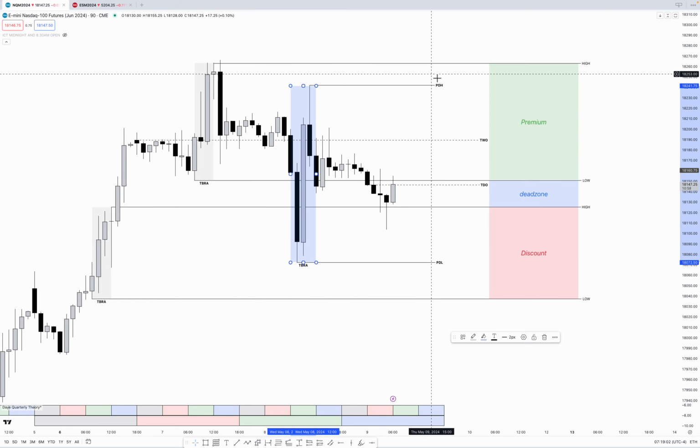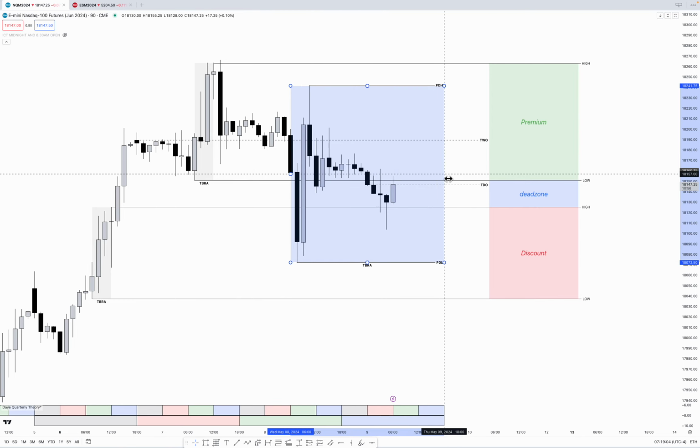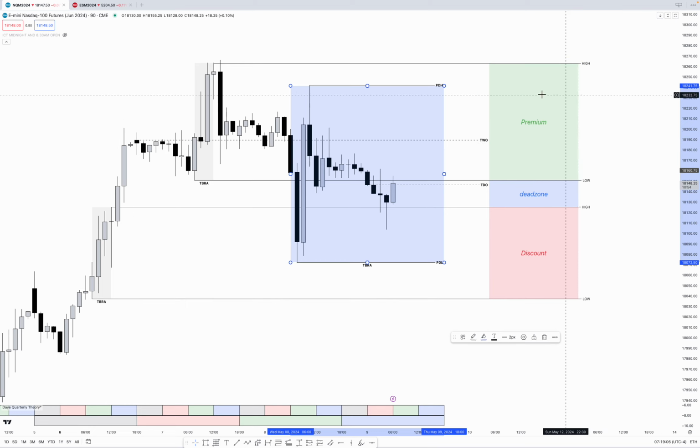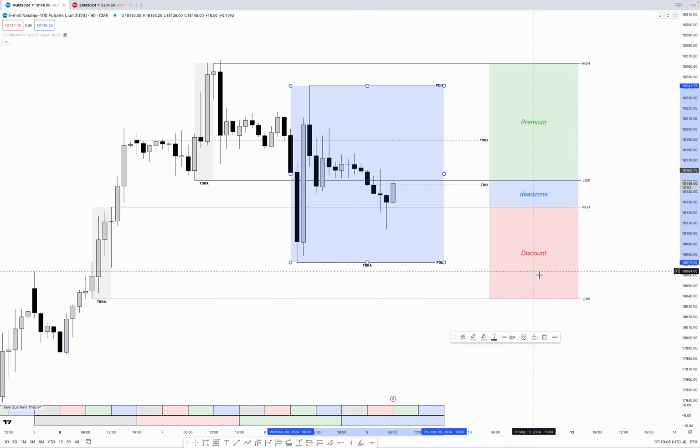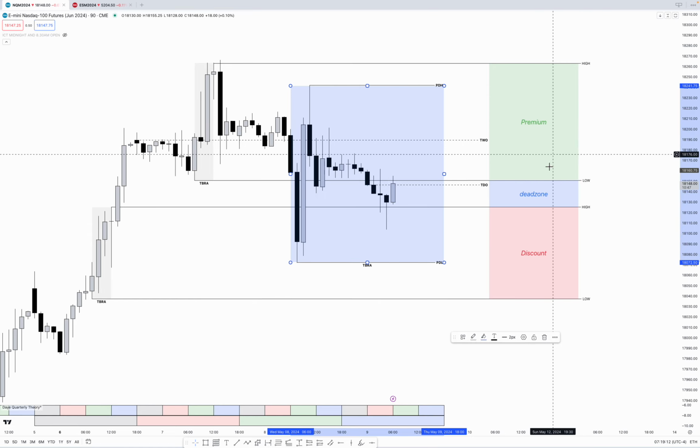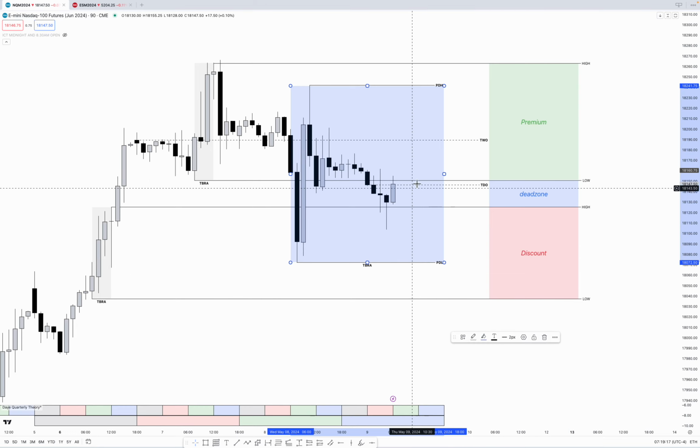This range right here is the dead zone for me. But now this is the premium of the range, this is the discount of the range. So ideally, shorts would be suitable within this range, longs would be suitable within this range.